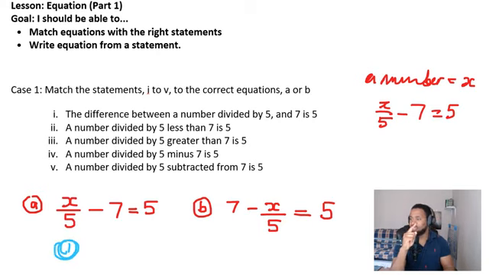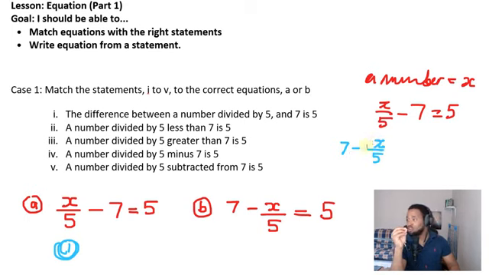That is good. Now for statement 2, we are asked a number divided by 5 less than 7, which means 7 is the big number, and the x divided by 5, which is the small number, is taken away from it. We will always get a positive number because 7 is way bigger than this number.